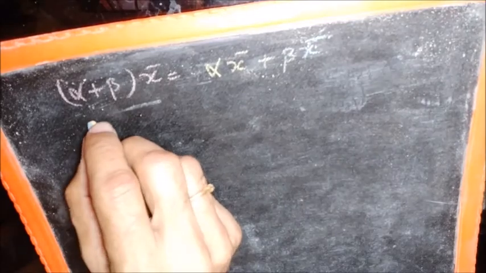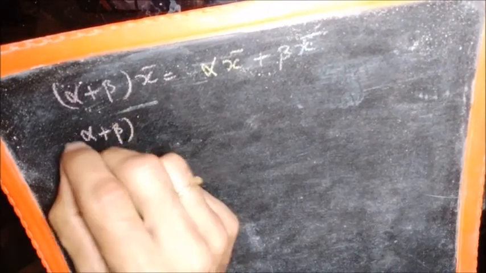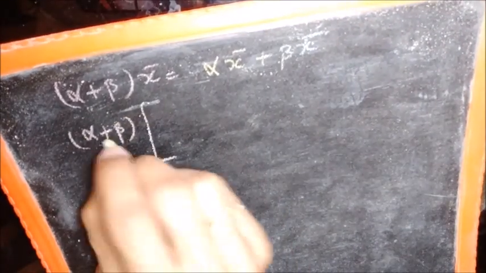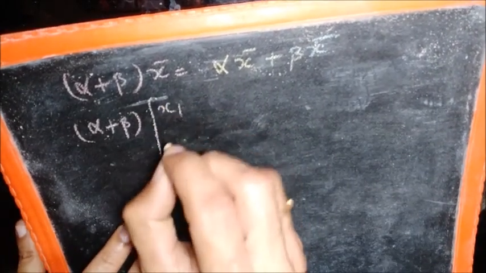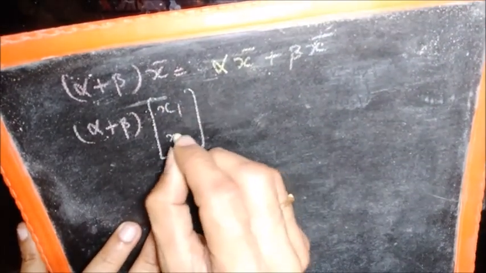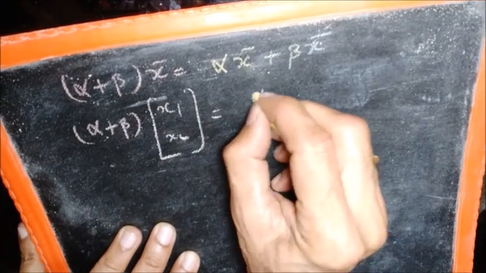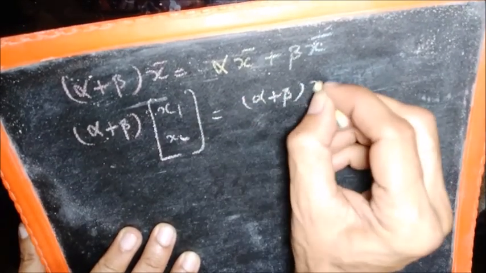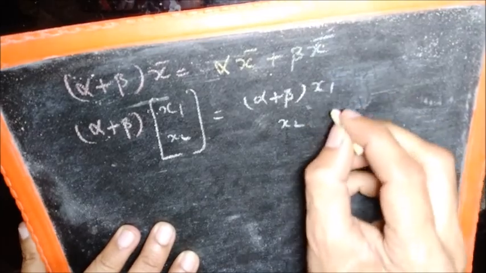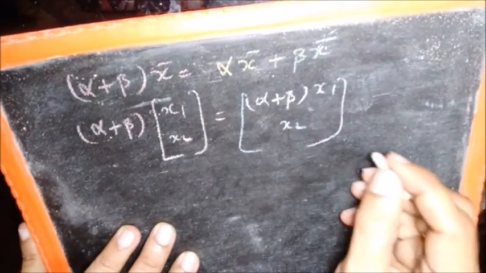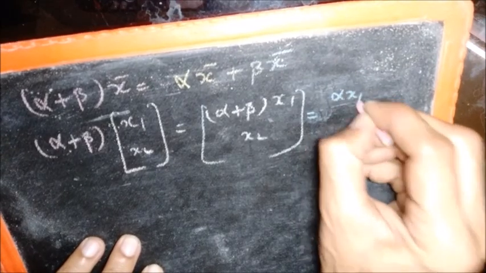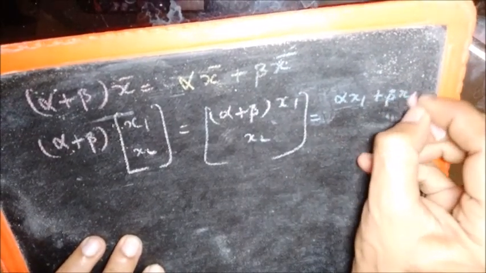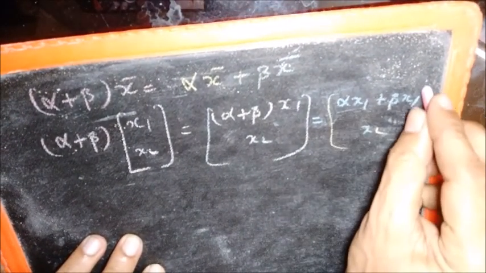Alpha plus beta into x will be alpha plus beta into x1 x2. Remember, alpha and beta are real scalars. The result will be alpha plus beta x1 x2, the way we define the scalar multiplication, which will be equal to alpha x1 plus beta x1 x2.